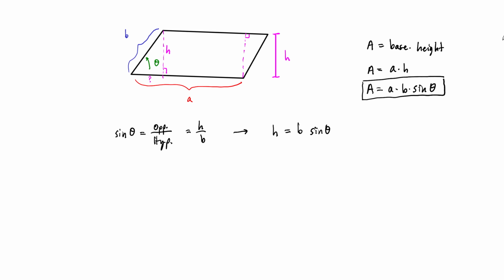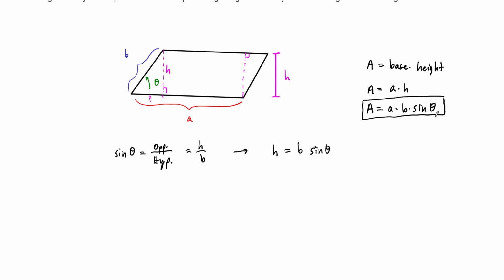So let's do an example with some numbers. By the way, this should look familiar, because we have a formula for the area of a triangle which is very similar to this. The area of this triangle, from our study in trigonometry, is one half A times B times the sine of the angle in between them.